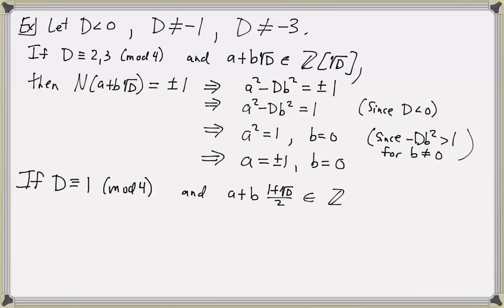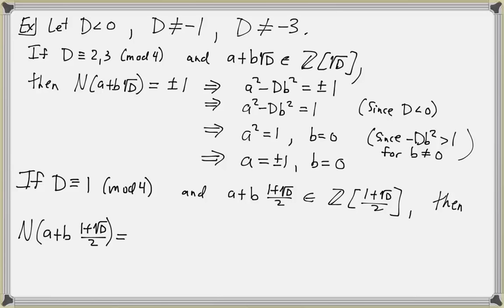This is the ring O. Now let's look at the norm of this element. So we're assuming that the norm is plus or minus 1.